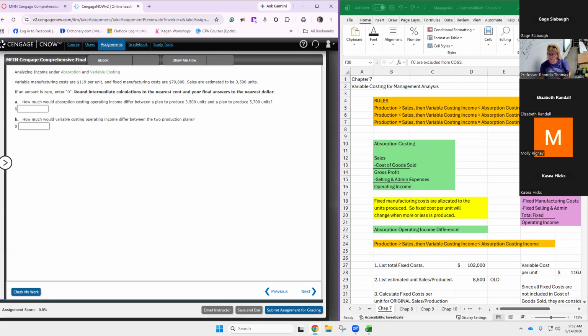When you do variable costing, those things get separated because accountants believe that the variable costs that vary with the volume of sales or production are really more of a true picture of the costs than those that have fixed added in. Notice, fixed actually gets pulled out of cost of goods sold and is placed down here with fixed selling and admin. If there's any variable selling and admin, it gets put up here.